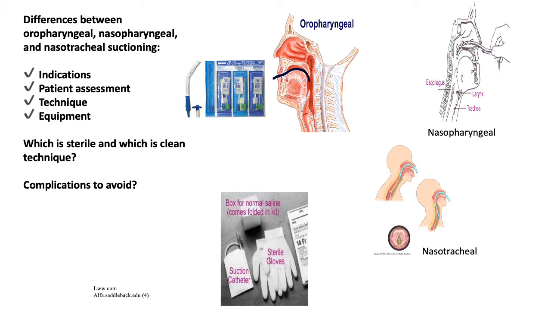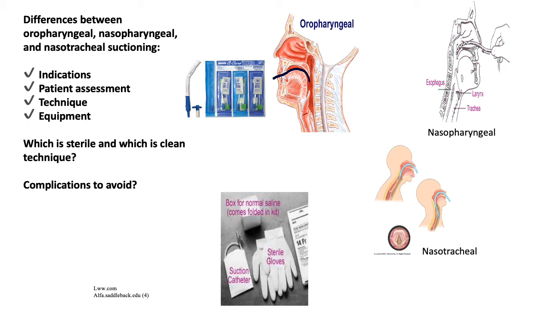Some indications. How do you know that a patient might need to be suctioned? If you see increased secretions or there are visible secretions in the airway, if the patient has respiratory distress as indicated by an increased work of breathing, increased respirations, rhonchi when you listen to the lungs, a lot of coughing, and decreased SpO2, these are all signs.